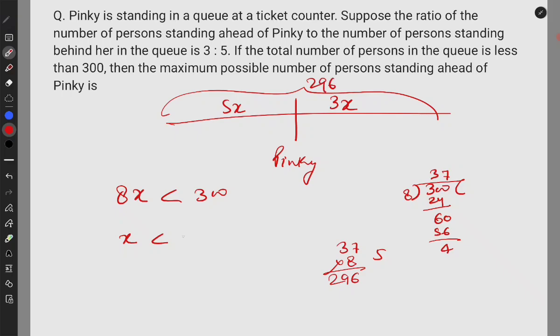We consider 37. If we use 37, we get 111. So 111 will be the answer. So the maximum possible number of persons standing ahead of Pinky will be 111.